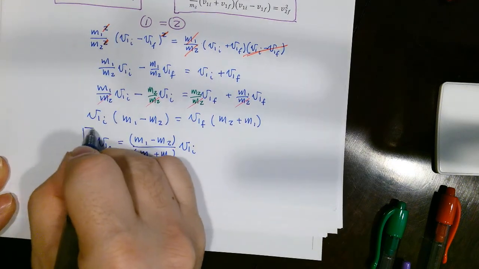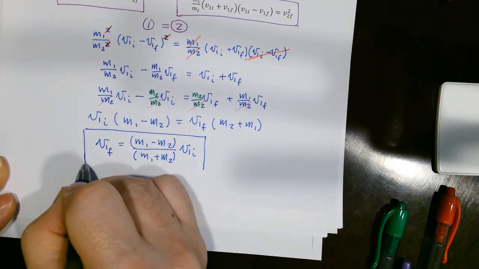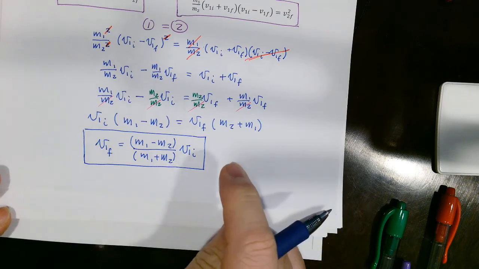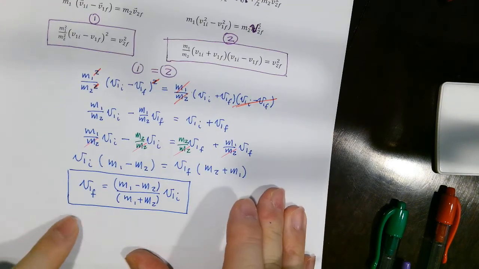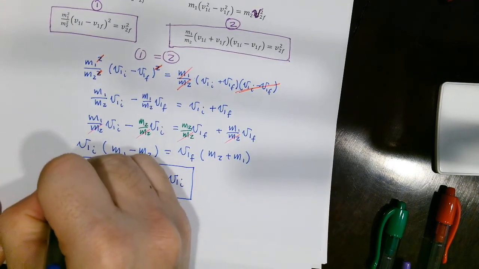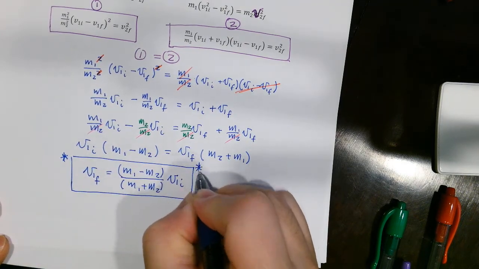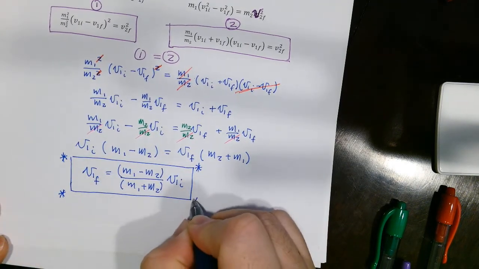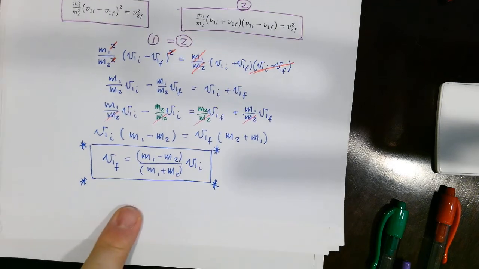Now that we solved this and derived it together, you don't have to keep deriving it to use this equation. You can use this equation without deriving it now. So use this.